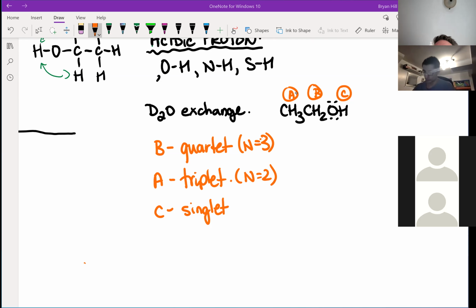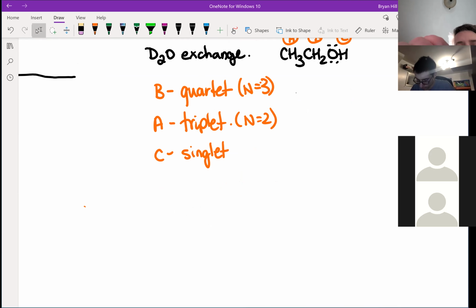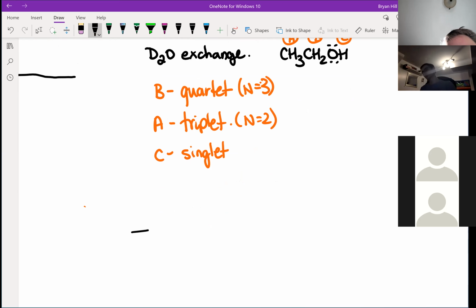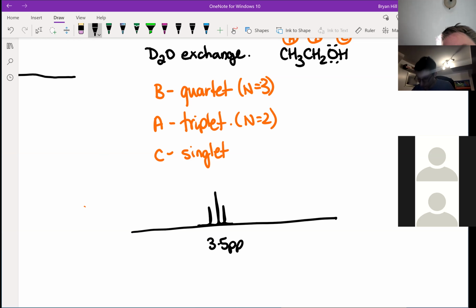So, electronegative atom. If we wanted to just draw this, I'm just going to guess something reasonable. We would have a triplet somewhere around 3.5 ppm, I'm going to guess.